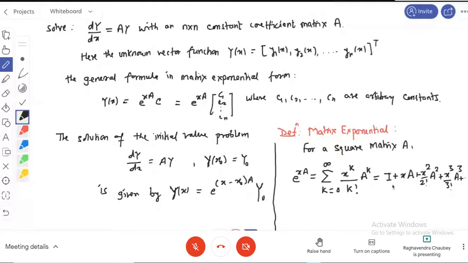Okay, so this is the formula of the matrix exponential. If you have to calculate A, then A square, A cube, and if A square, A cube, or the power 4 equals 0, then you are able to use this formula.